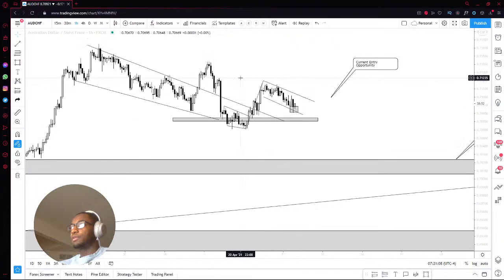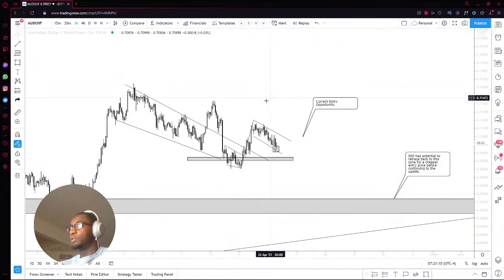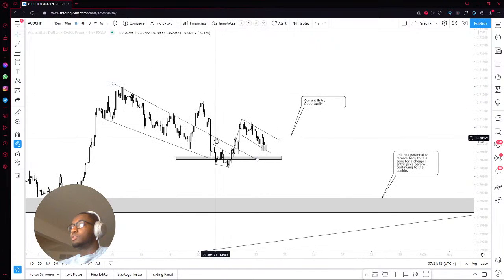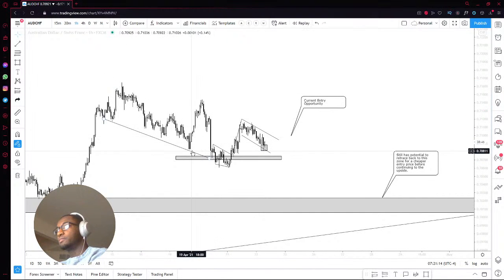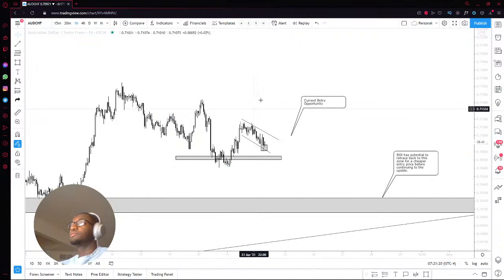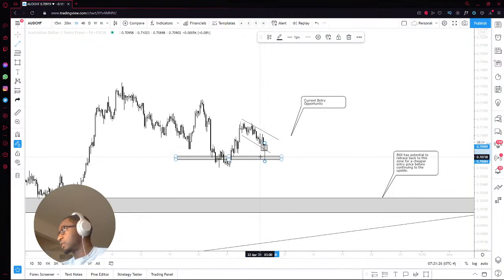Now, a few things can go wrong, obviously, with any position that we put on. Let's delete these lines. Things that could go wrong: basically, price could continue down, back down to this level, and give another entry opportunity here, possibly.